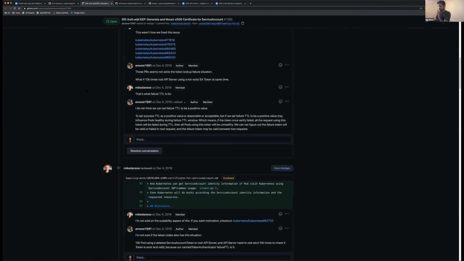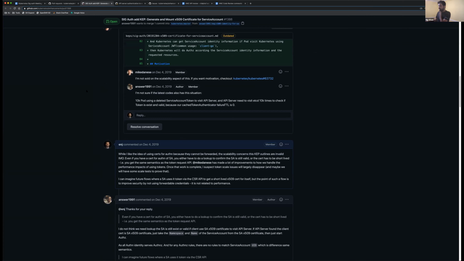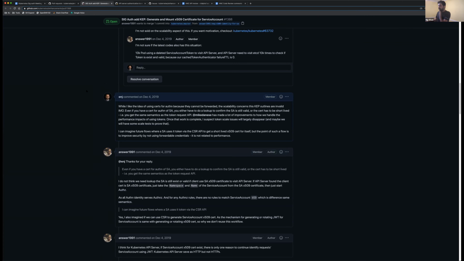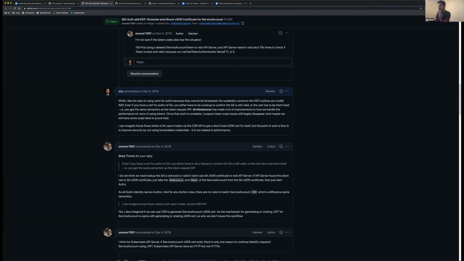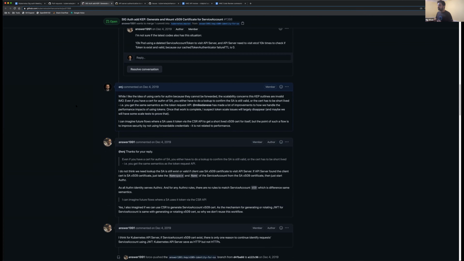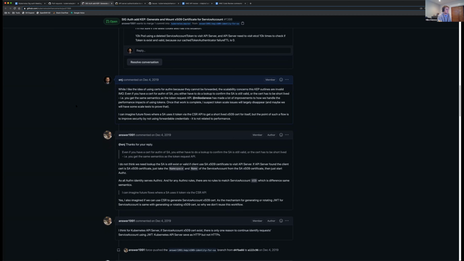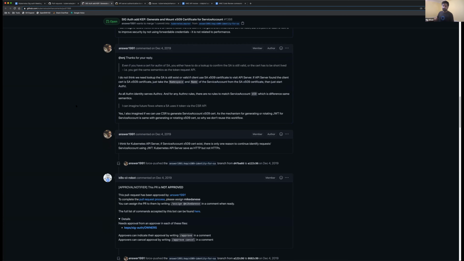I don't think we ever discussed this specific proposal in the SIG meeting. Do you folks have any thoughts? I feel like with bound service account tokens, I don't want to add certs to service accounts.